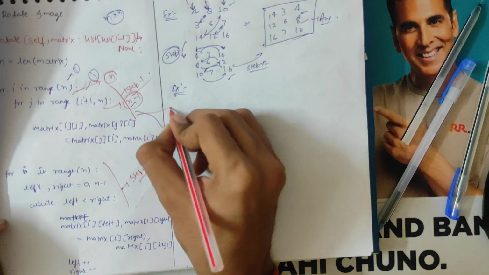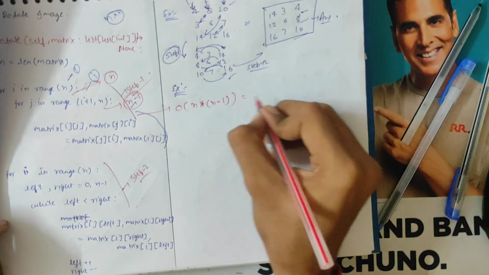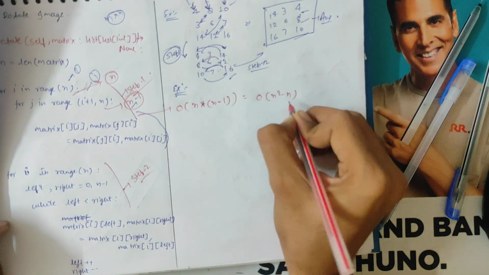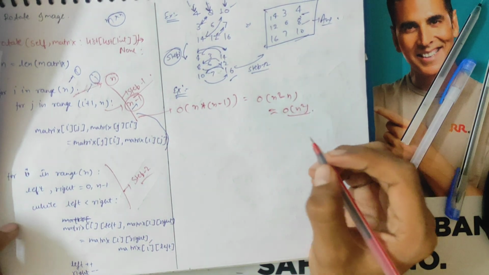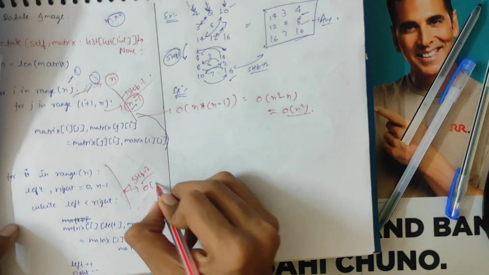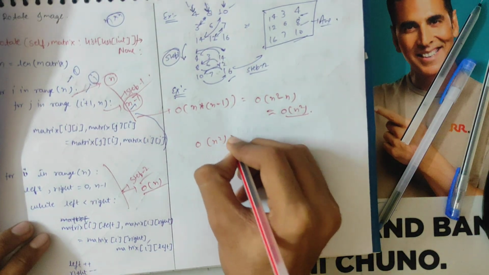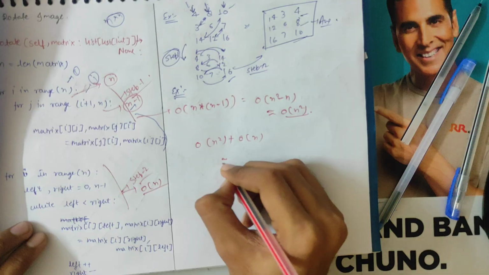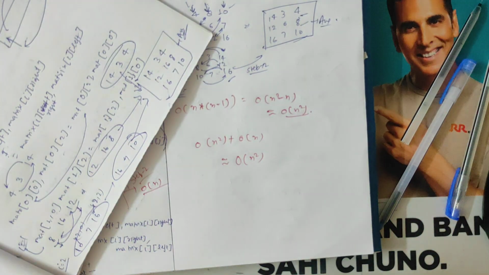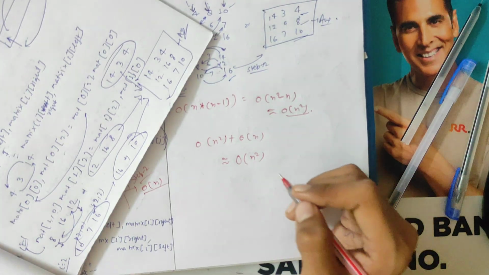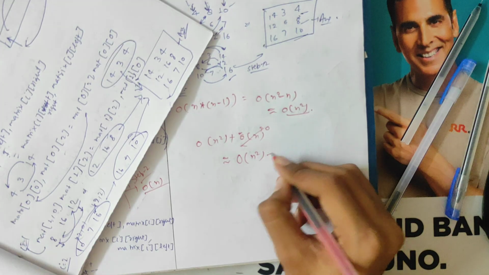So this will be big O of n times n minus 1, which is big O of n square minus n, approximately big O of n square. And again we are running a loop, big O of n. So big O of n square plus big O of n is nearly equal to big O of n square, because n square is much bigger than n, so we can neglect this value. So it is big O of n square time complexity.